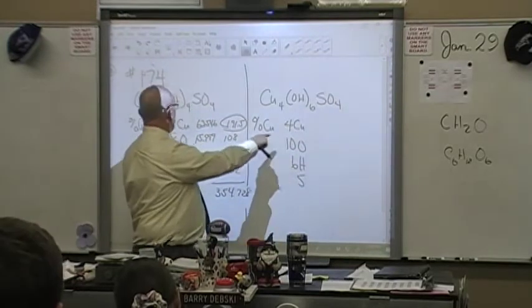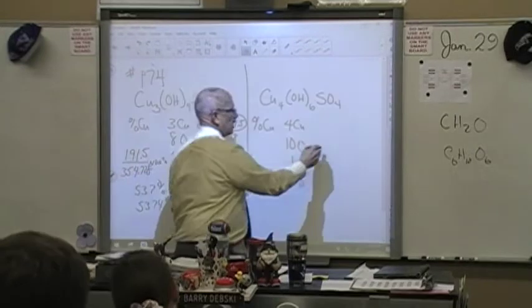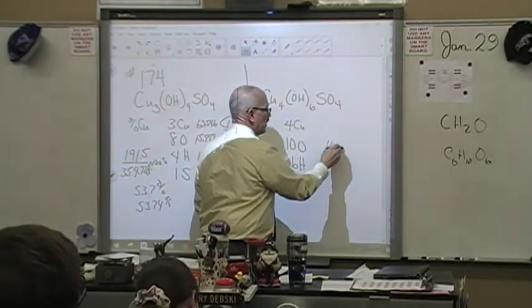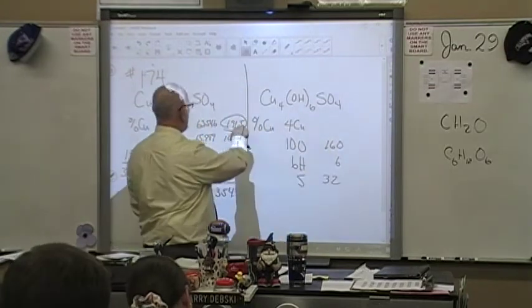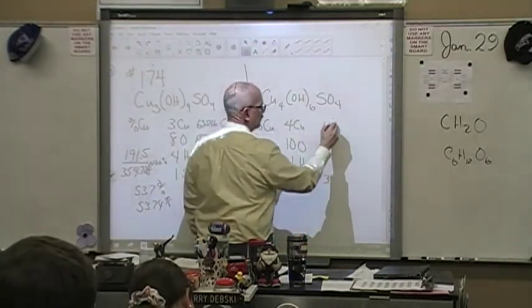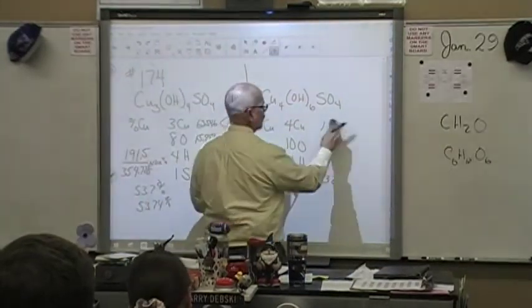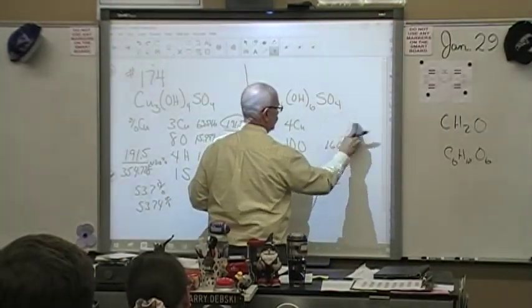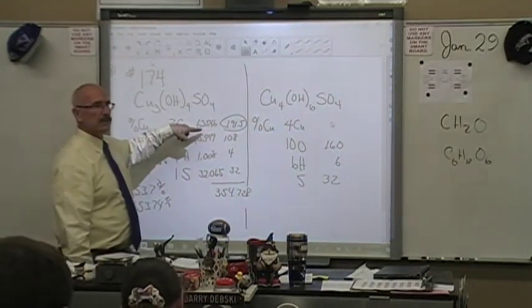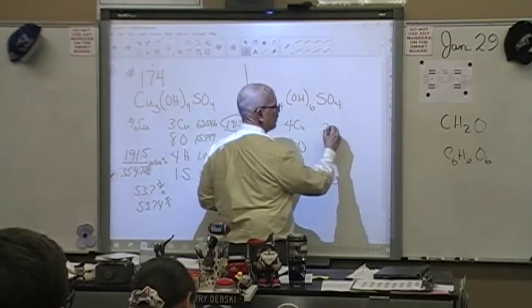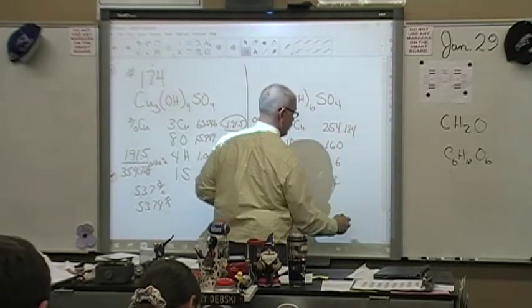Same process over here, but we have different numbers. 63 times 4, 10 times oxygen, which should be approximately 160, 6, 32. No, it's not right. What's this times 4, buddy? Houston, 254.184.